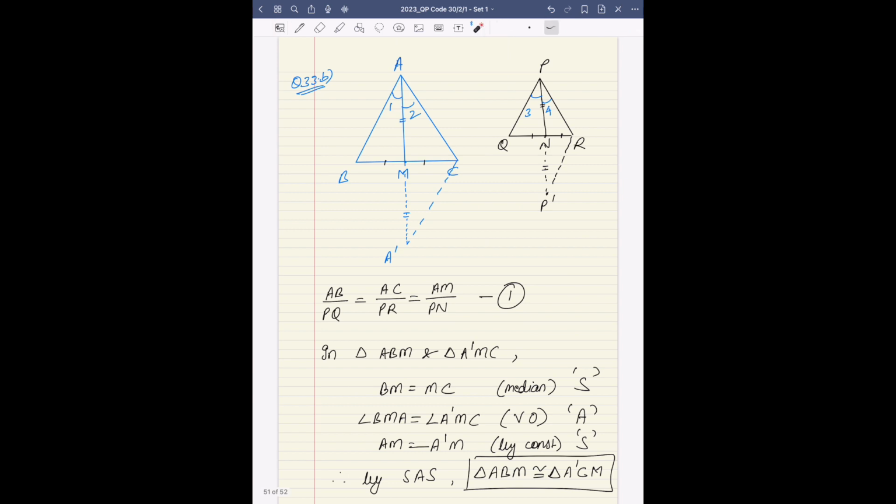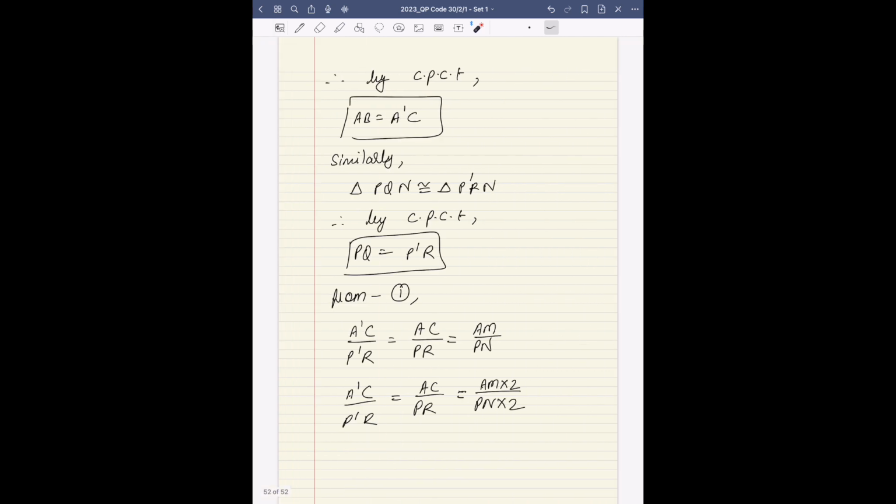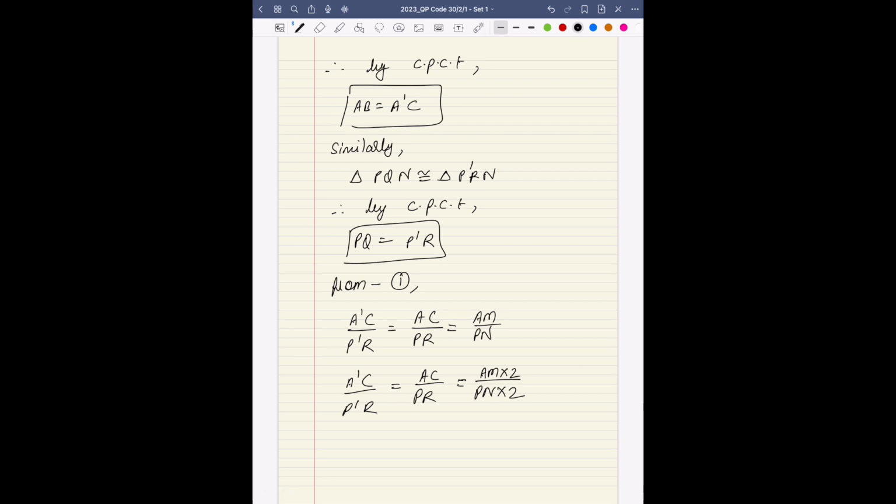Why? Because we need to induce this side. So 2AM is nothing but AA dash, correct? So we'll replace: A dash C divided by P dash R is equal to AA dash divided by PP dash.